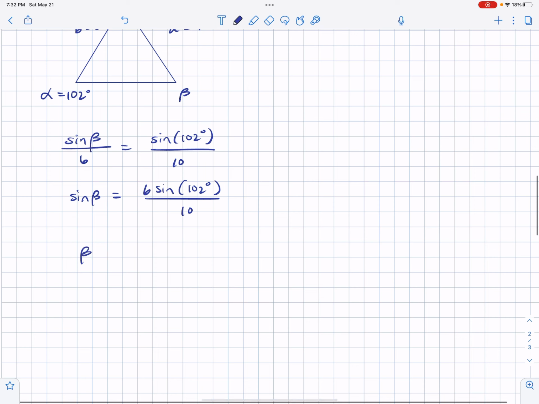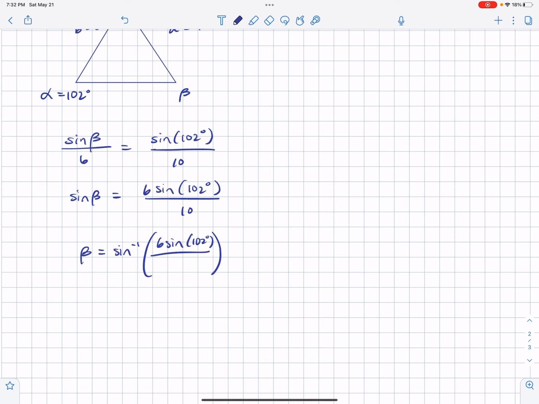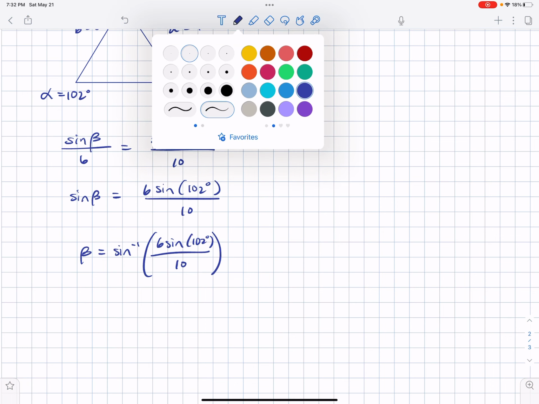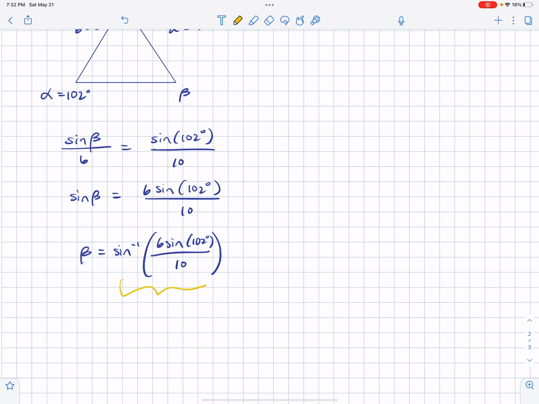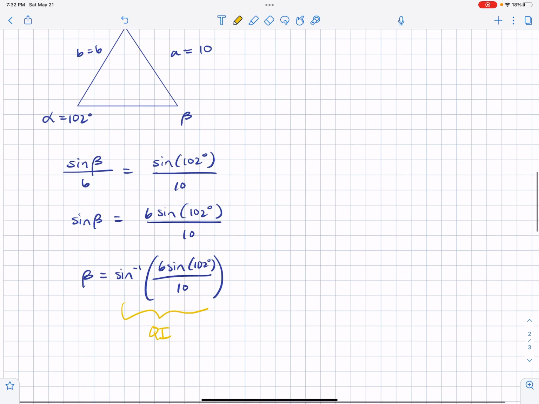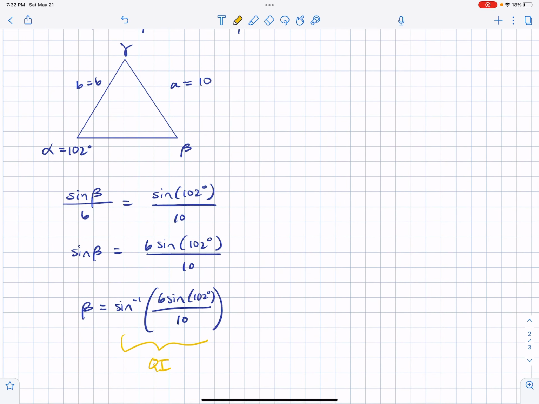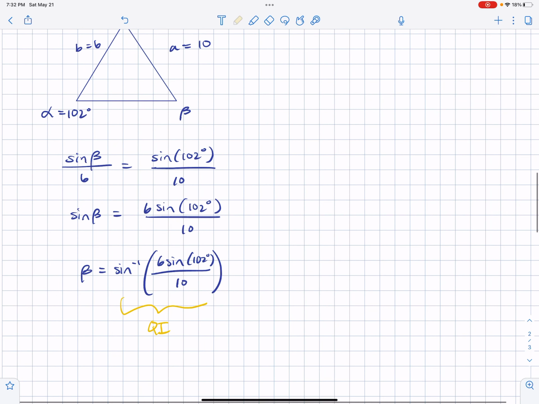And then when we take the inverse sine of this ratio, this is going to be a positive ratio. Therefore, this is a quadrant 1 angle. We know that because the given angle is obtuse, there's not going to be a second triangle.